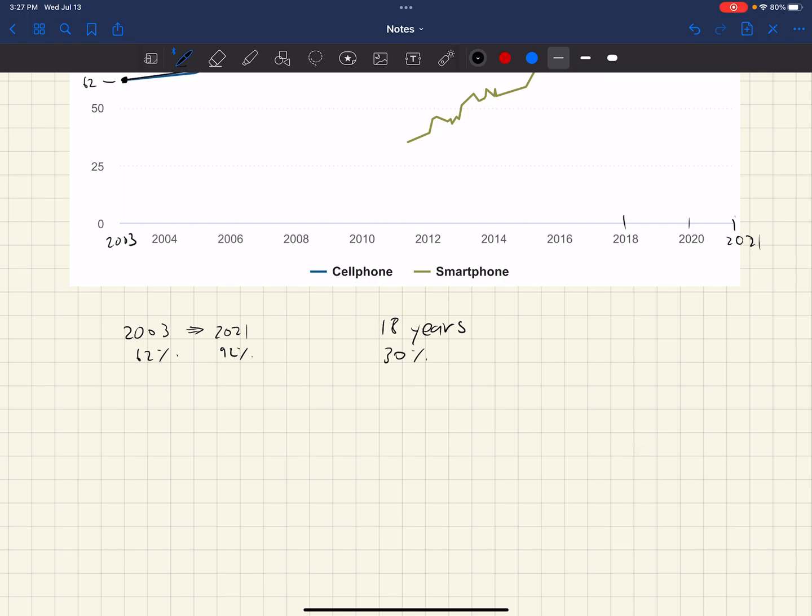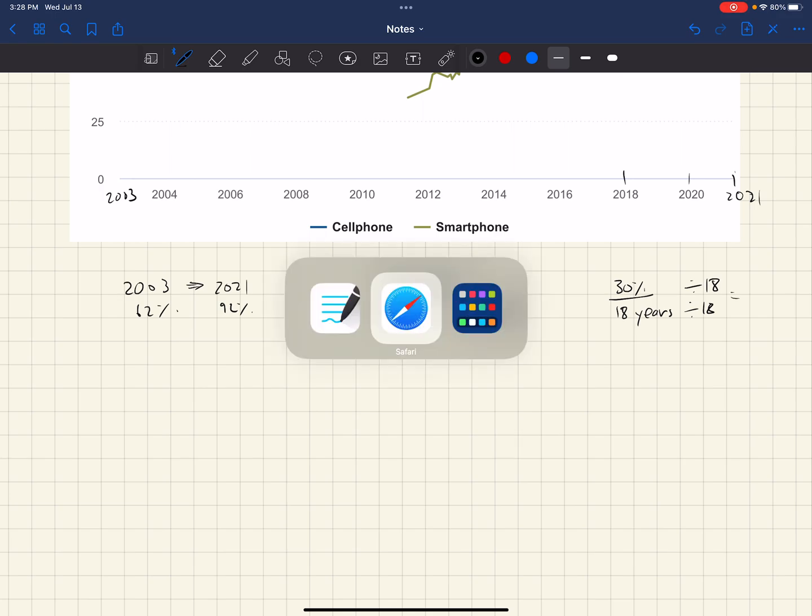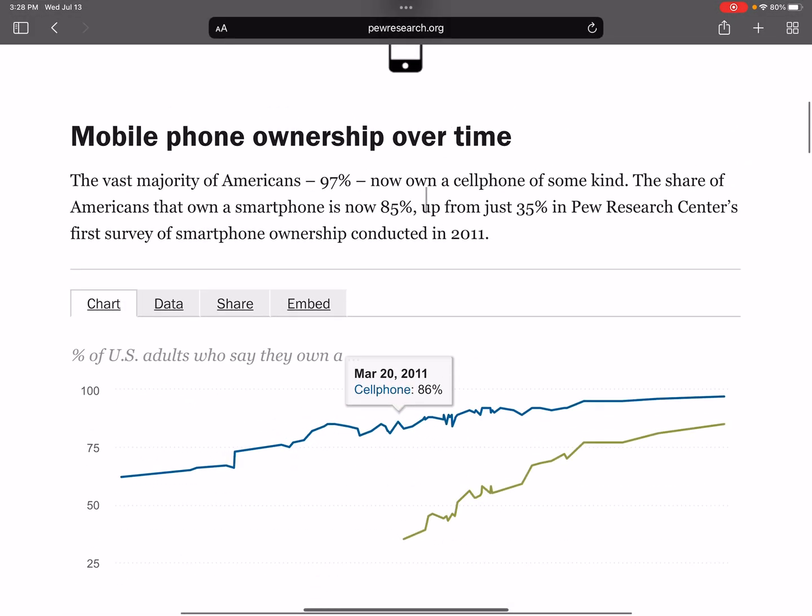Which means that in 18 years there was about a 30% increase, which means I can actually simplify this. I'm going to divide the top and bottom by 18, because I want to find out how much increase per percent every year. So I'm going to go ahead and go to the calculator.